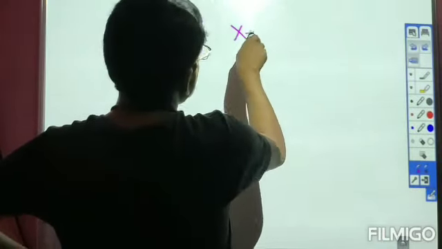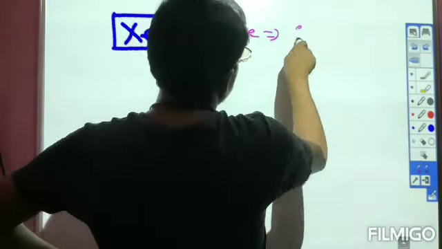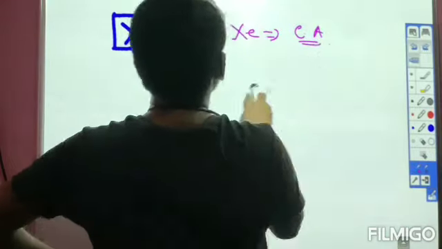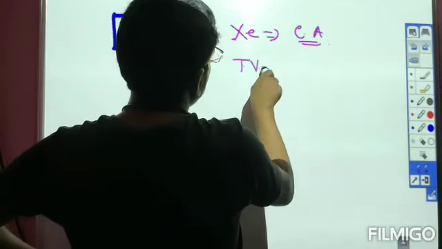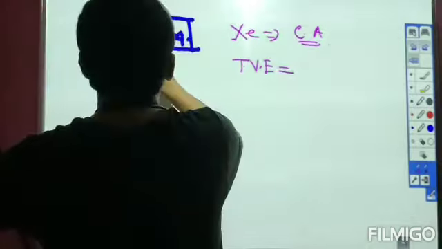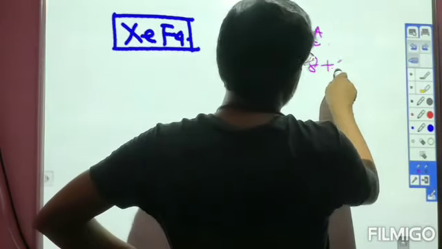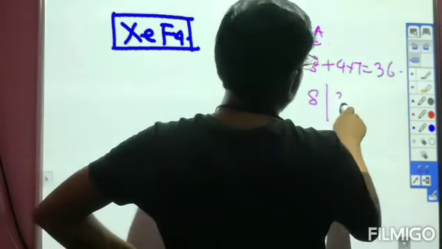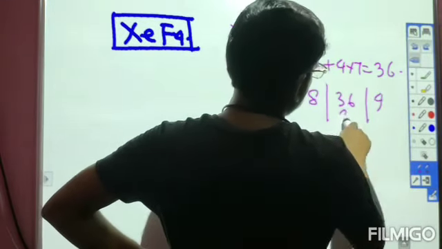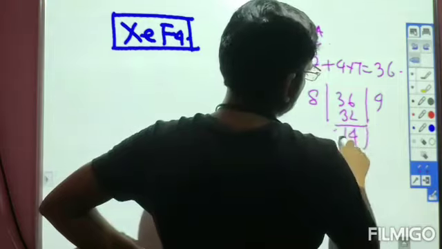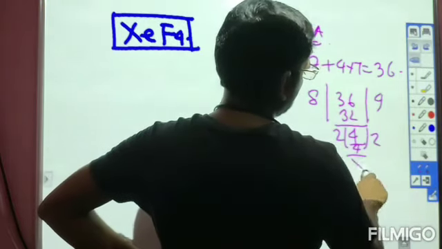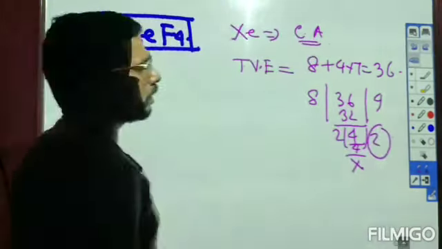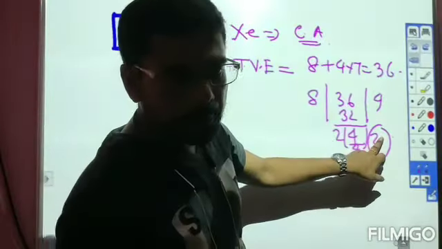Xenon is the central atom. Total valence electron: 8 plus 4 sevens are 28, 36. Divide by 8. So 2 lone pair of electron. Done. This will give you the lone pair of electron.